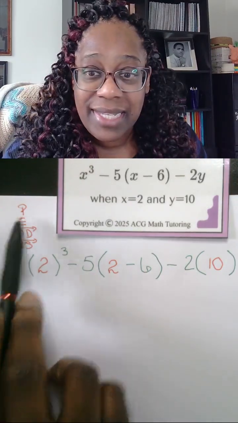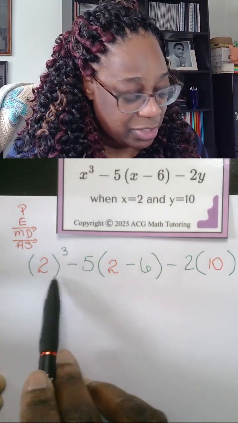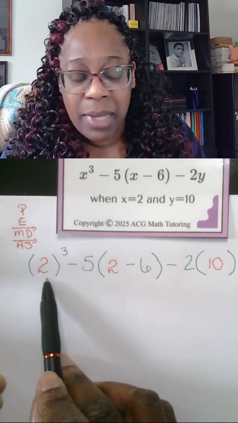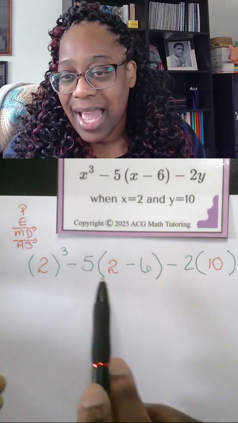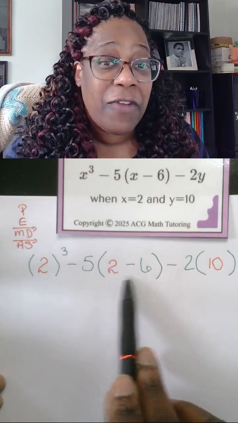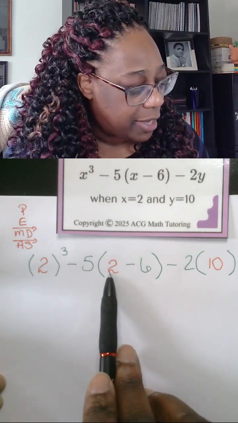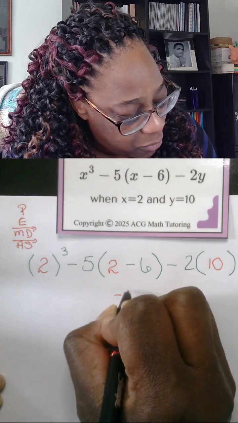So, parentheses, that's the first thing that we're doing. See, inside of this parenthesis is just one number. We don't have anything to combine. But inside of this parenthesis, we can combine. I know people say, oh, you could distribute the 5 to everything, but I don't have a variable in here anymore. I can just do 2 minus 6, and that will give me a negative 4.